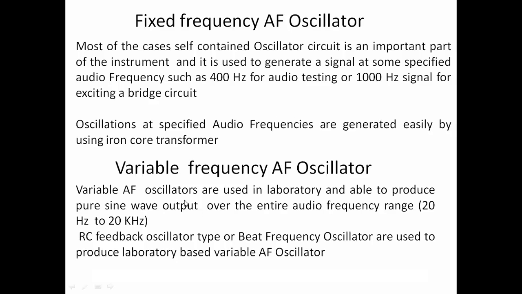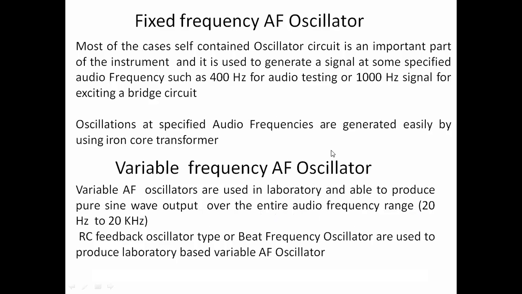Coming to the variable frequency audio frequency oscillator, in this oscillator we can produce signals in the entire audio frequency range. The audio frequency range is 20 hertz to 20 kilohertz.